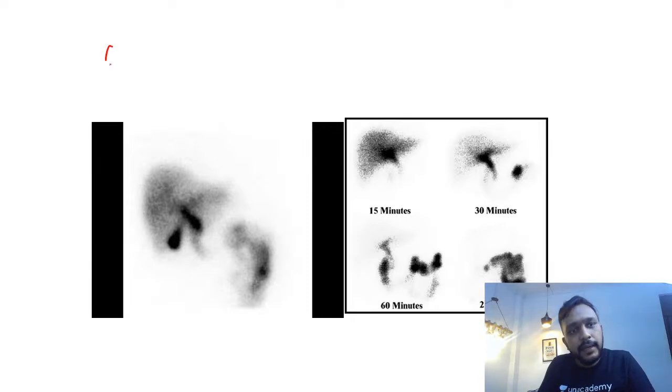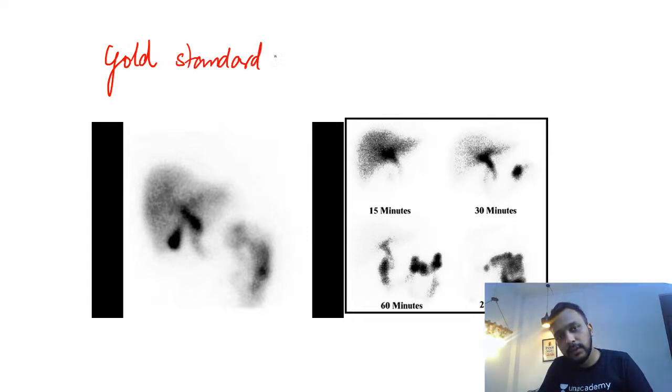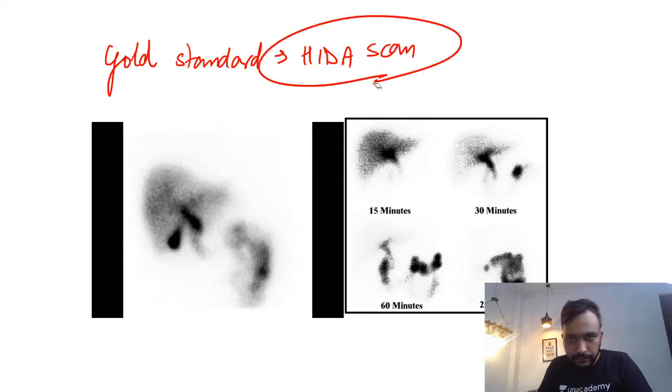And guys, the gold standard investigation of choice in a case of acute cholecystitis is the HIDA scan. What you are going to see in this HIDA scan is that hepatoiminodiacetic acid is excreted in the biliary system.